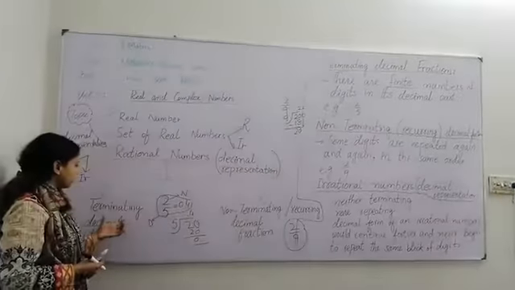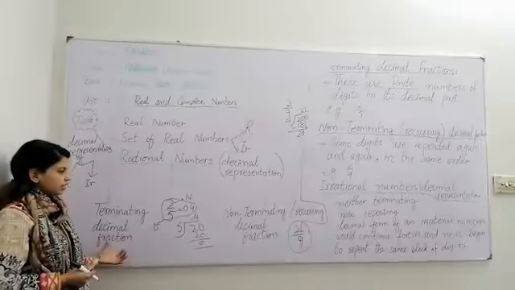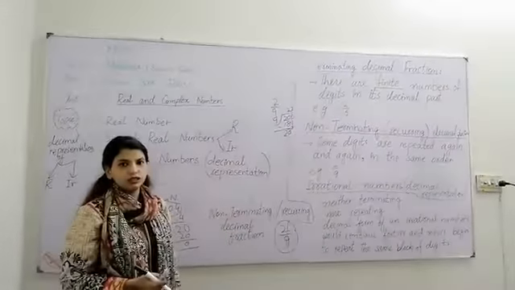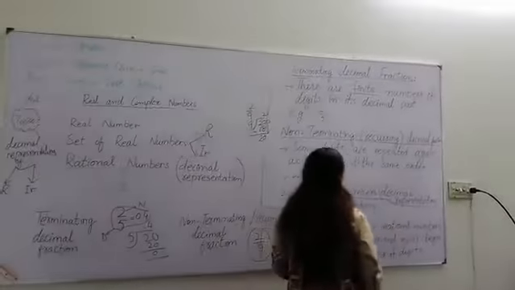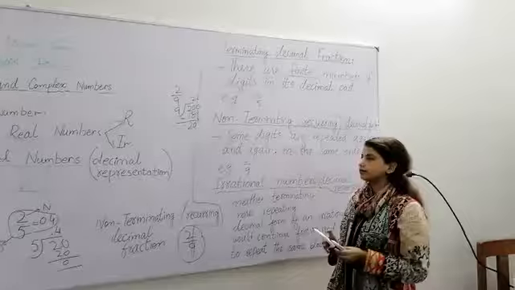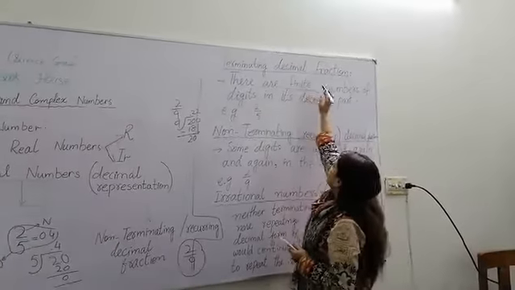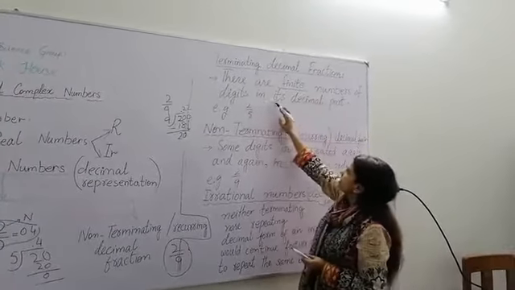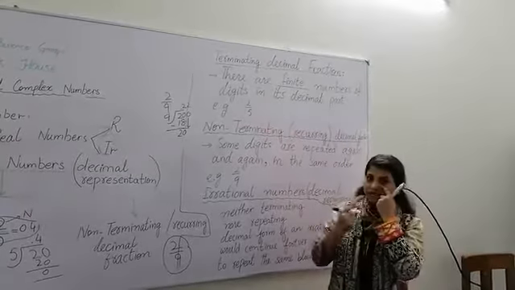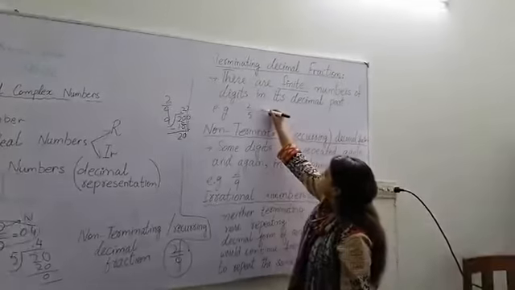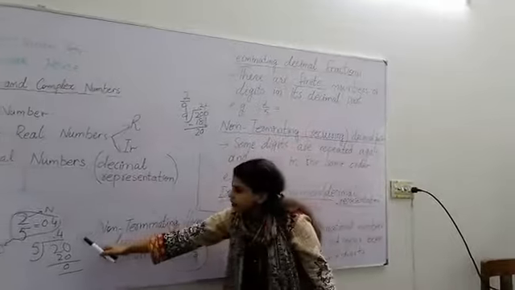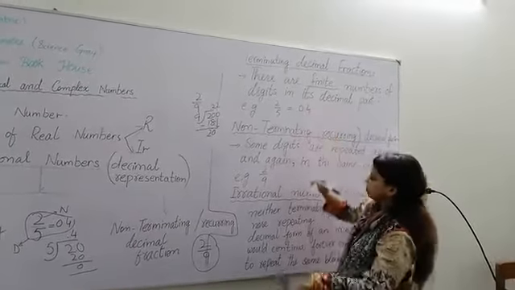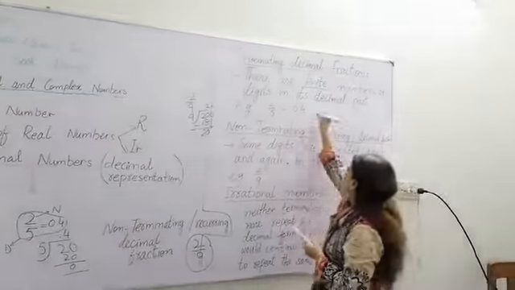So I think you now have a better understanding of terminating and non-terminating decimal fractions. Let's have a look at the definition. Terminating decimal fraction, as I already said, has a finite number of digits in its decimal part. What is meant by decimal part? Let's suppose the answer, as we have solved, is 0.4.